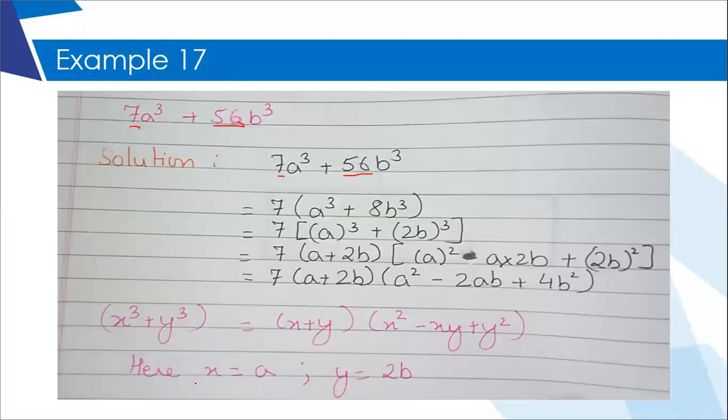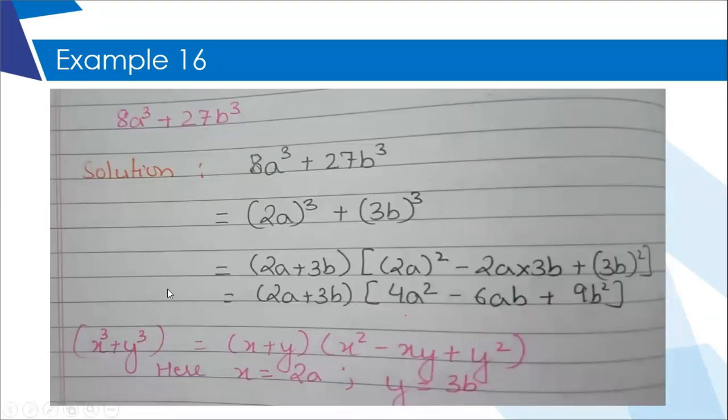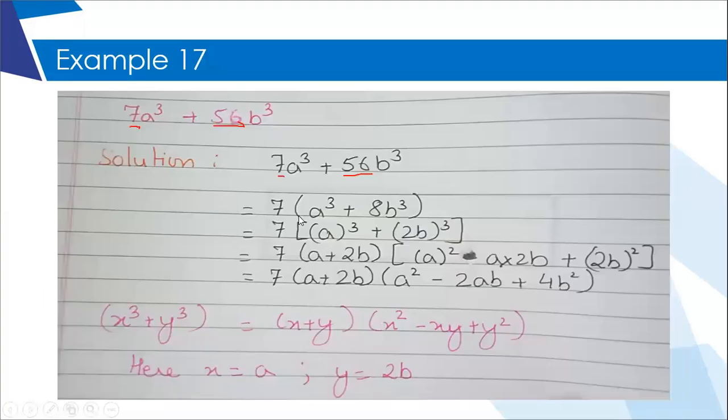Now I will be moving on to the third question. The first question which you saw was a very simple question where you didn't have to take anything common. Both of the number parts were perfect cubes of some other number. Then there was a different type, where the number parts were not perfect cubes, so we did something else to proceed.